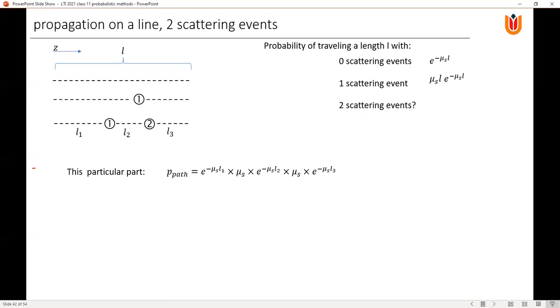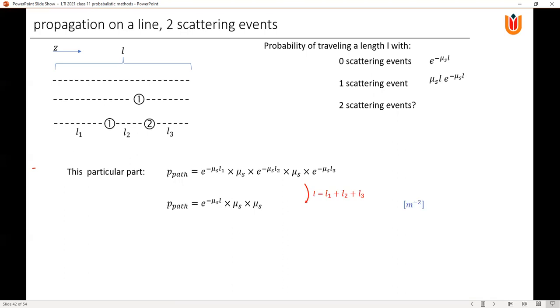So what do you think happens here? Again, these are all independent events. It's the same as before, multiplied. So these exponential terms can be grouped together. L1 plus L2 plus L3 in this case is just L. And then the μs's are the same.